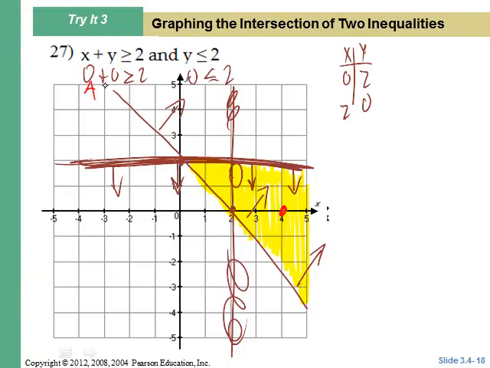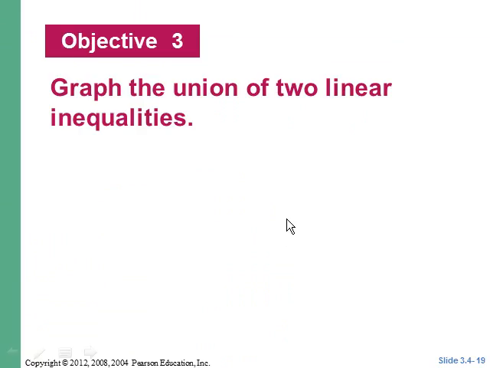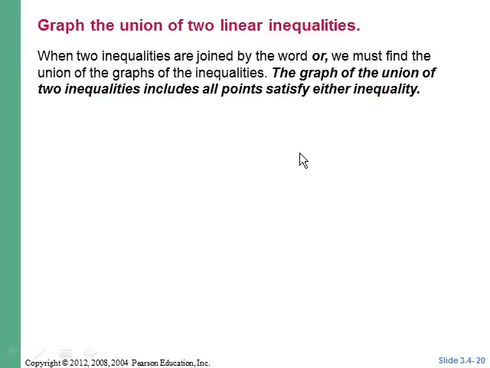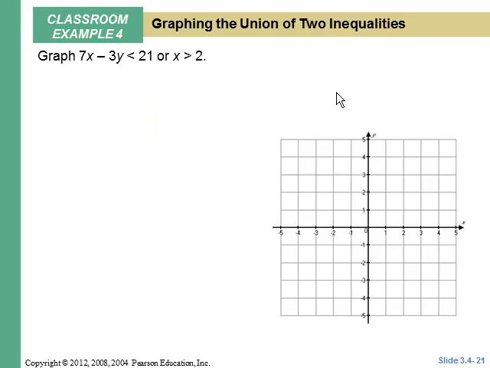So 4 plus 0 is greater than 2, yes. And 0 is less than 2, yes. So that point works for both of them. If you have a union, the points that either inequality, so it's either inequality works, it'll be right.